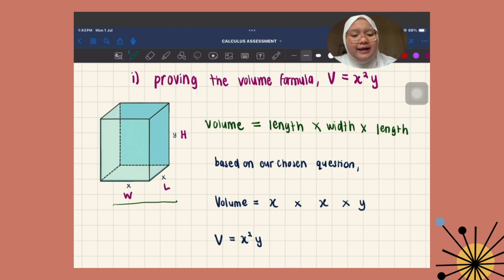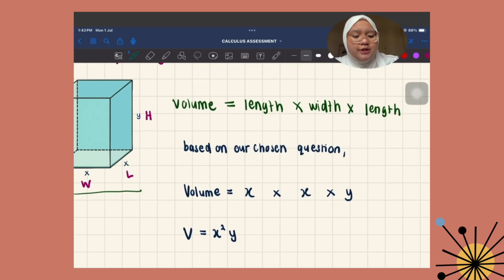Meanwhile, our height is y. So volume equals x multiplied by x multiplied by y, and we will get V equals x squared y.